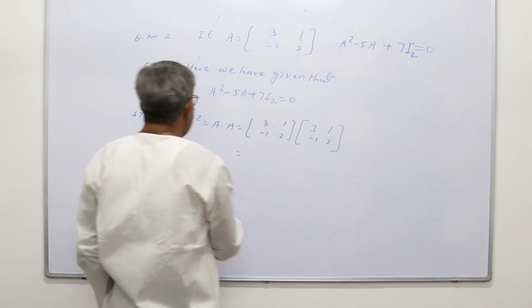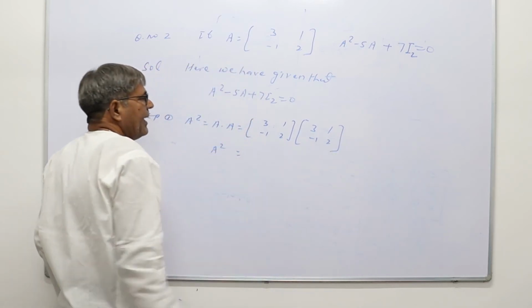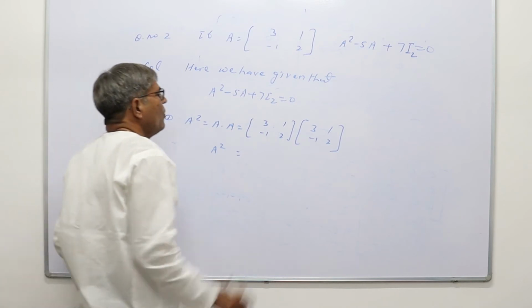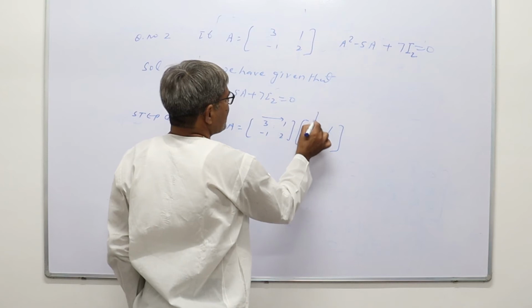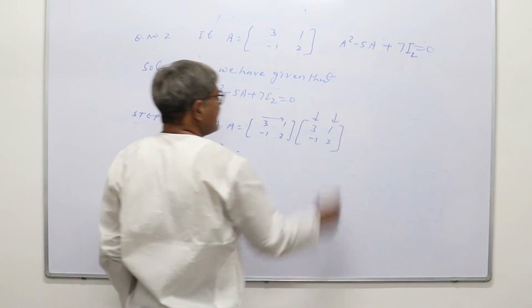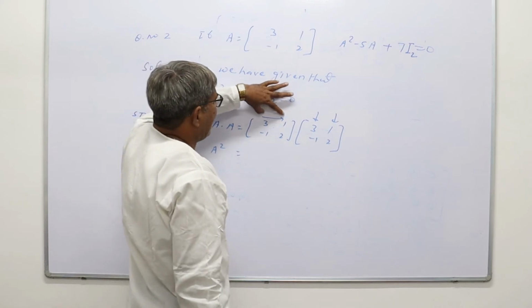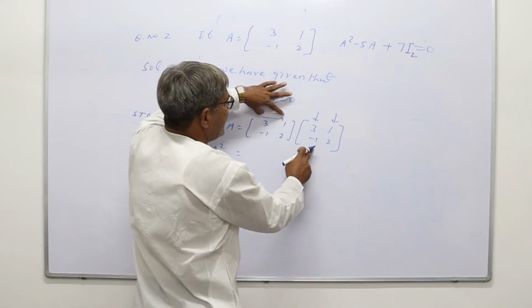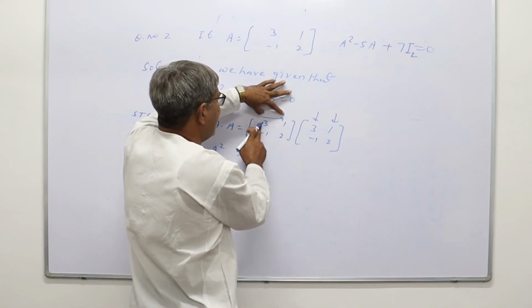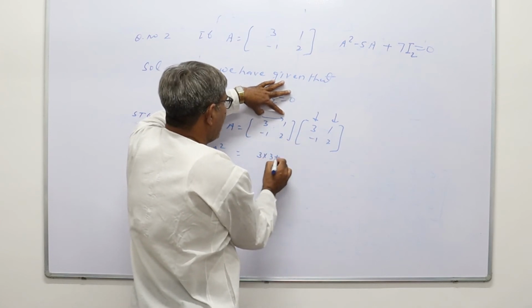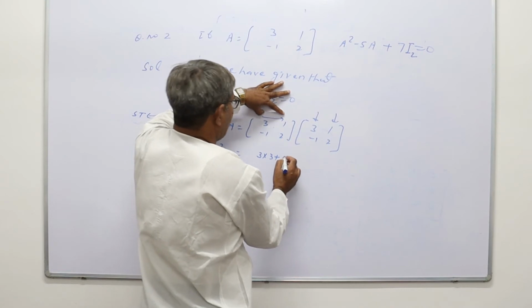How will we multiply the matrices? Here both the matrices are of order 2 by 2. So the first row will be multiplied with the first column, then the first row with the second column. So here the first row of the first matrix with the first column of the second matrix, so corresponding elements: 3 into 3 plus 1 into minus 1.